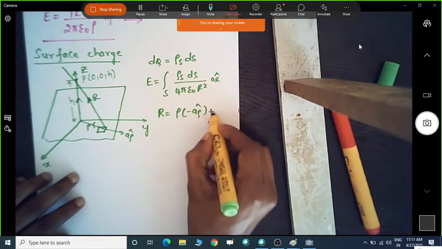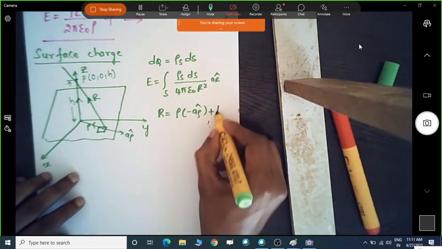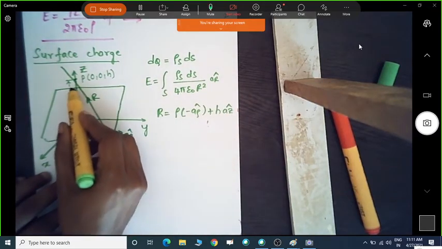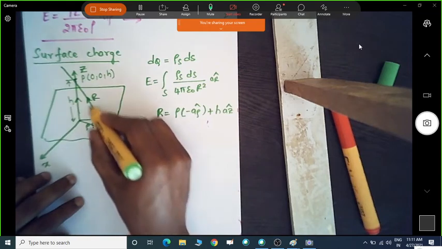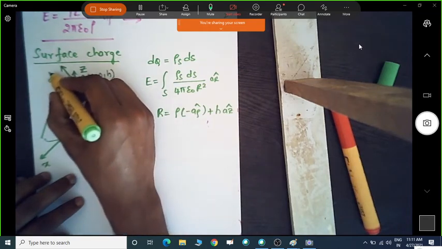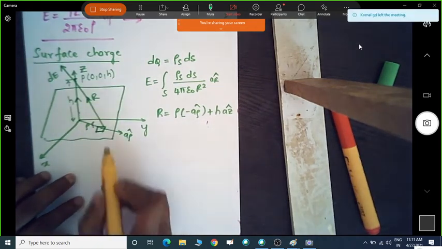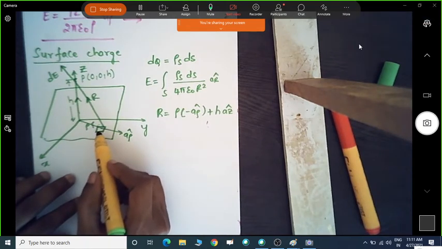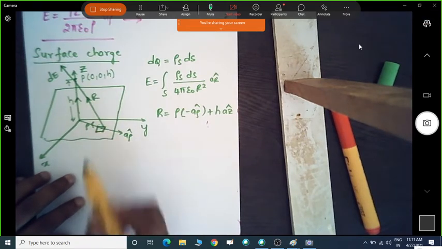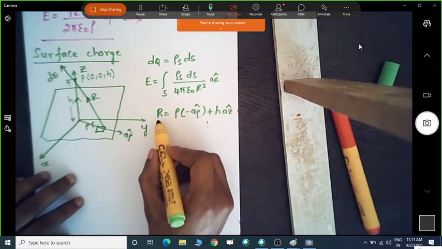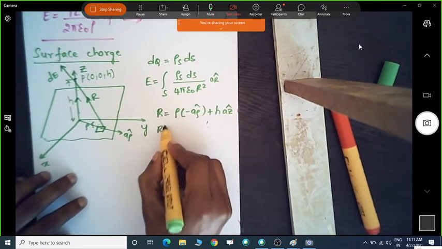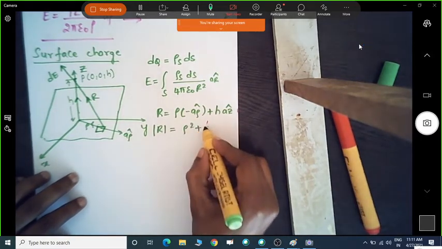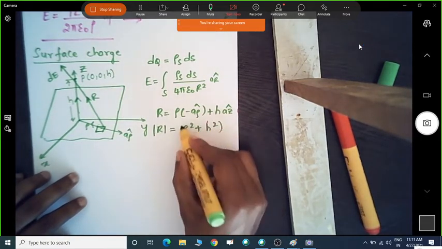Now we need to find the electric field due to this small surface element. From this we can write the magnitude of r, which is (rho square plus h square) whole power half.